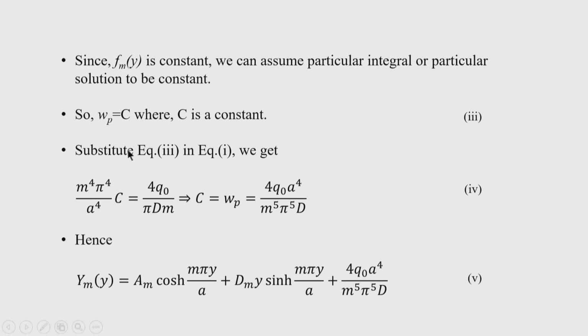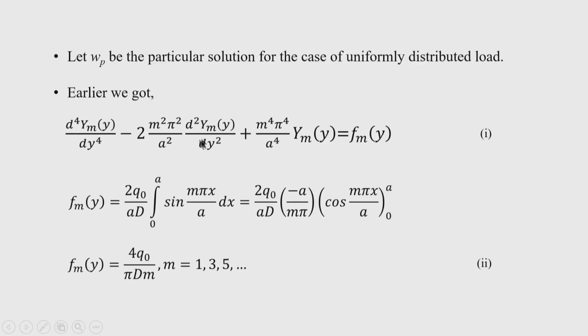After substituting, when the constant is substituted, y m is equal to constant, then this term goes to 0, this also goes to 0. So, here it will be m to the power 4 pi to the power 4 divided by a to the power 4 into c equal to the constant. The constant is 4 q naught pi d m.